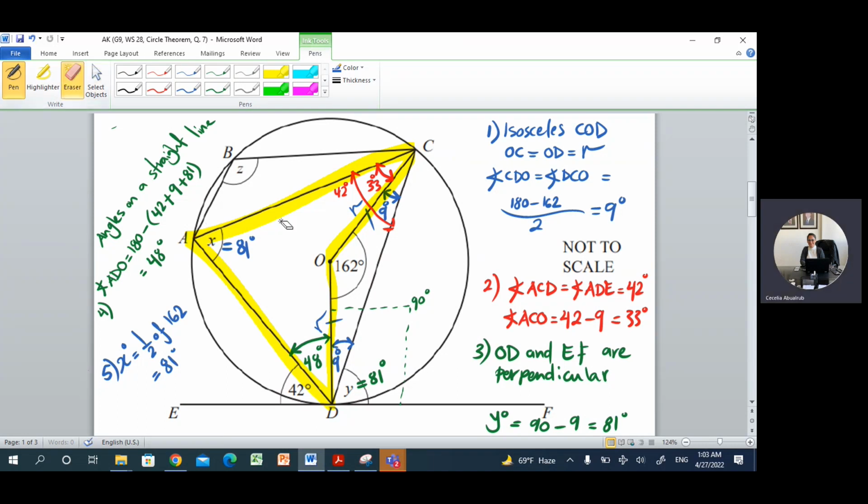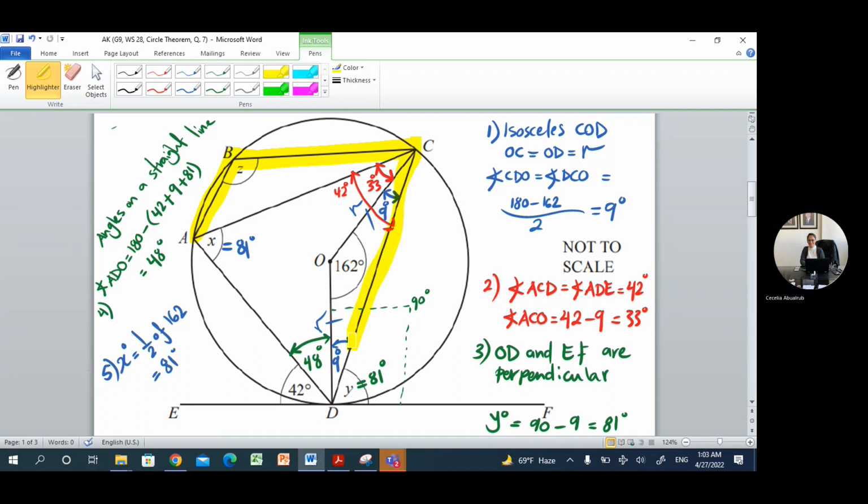Last thing I would be thinking of, in order to finalize this question, is quadrilateral ABCDE. As you can see, it has 4 sides.